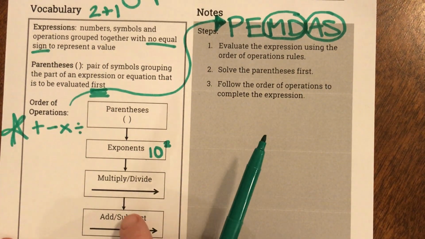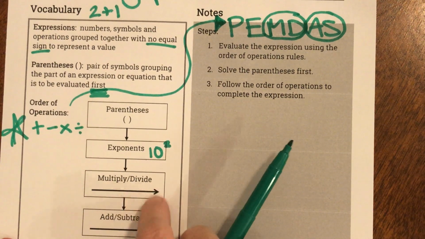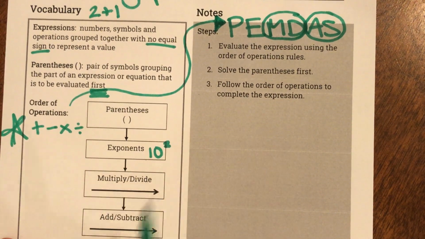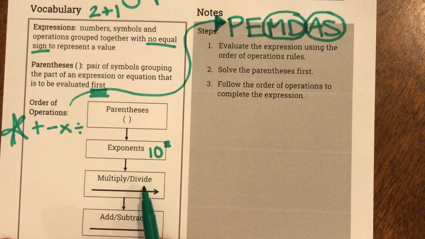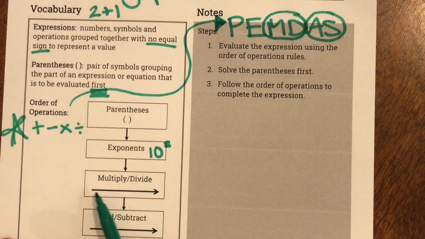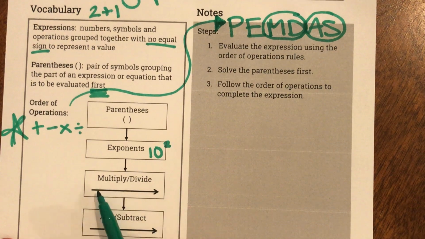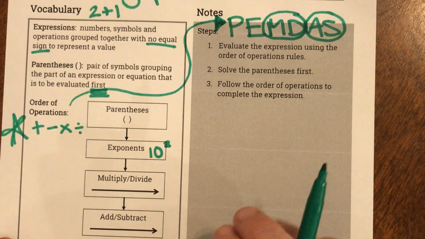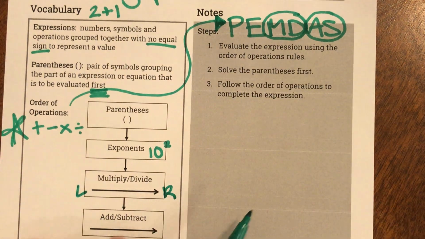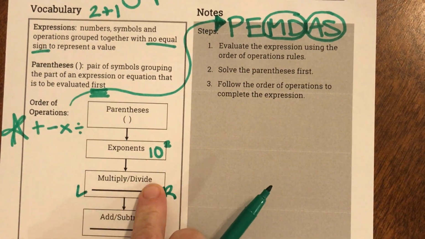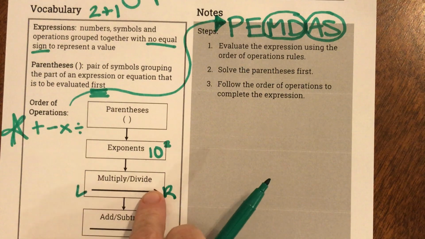Now, the reason they put multiply and divide in one box is they're a team. So divide doesn't come before multiply, or multiply doesn't come before divide. They're a team, and the reason they have this arrow here is whichever comes first, you solve from left to right. So if the problem has division first, then I divide before I multiply.